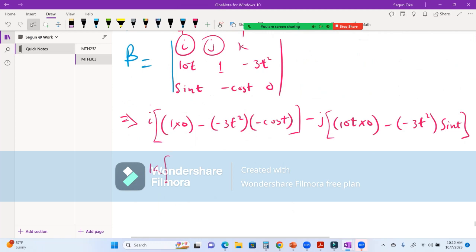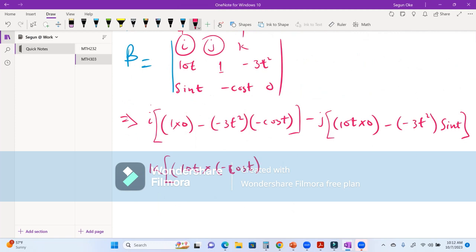Our k will be this plus, will be 10t multiplied by minus cos t, minus sine t multiplied by 1. Okay.